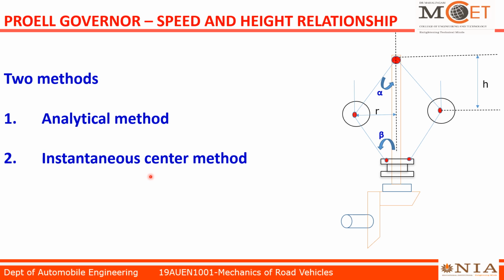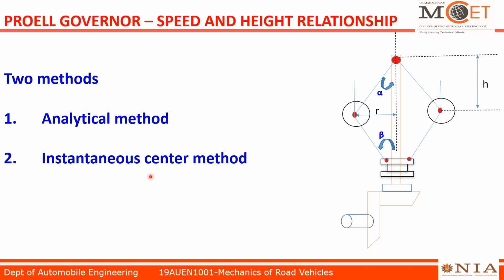Before analyzing the Proell governor, we have to understand the arrangement or construction of Proell governor, what differs the Porter and Proell governor. Since these two governors come under the dead weight category, the Proell governor should have the central load around the spindle.